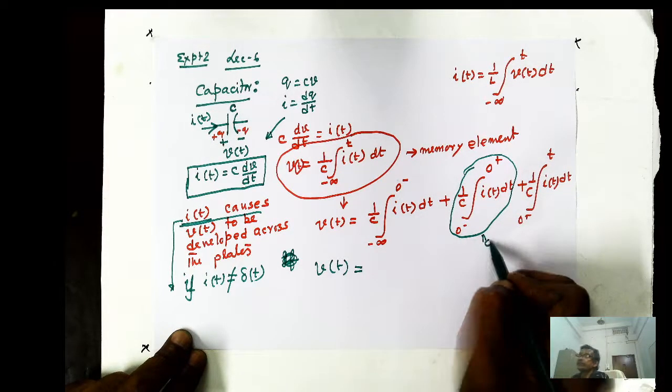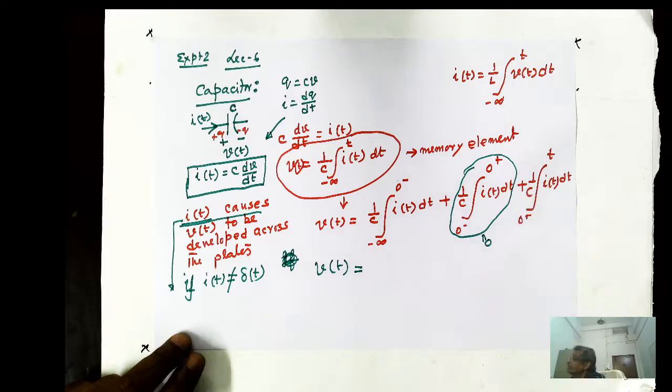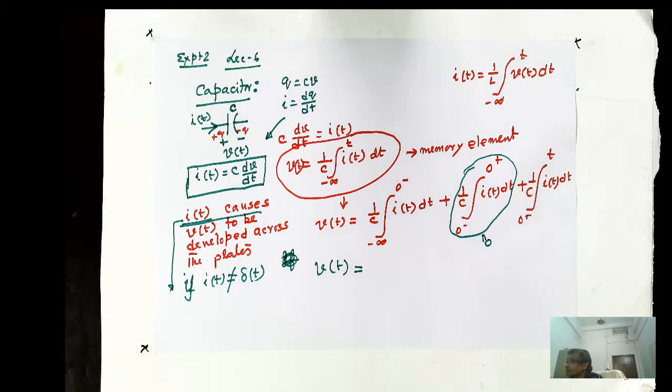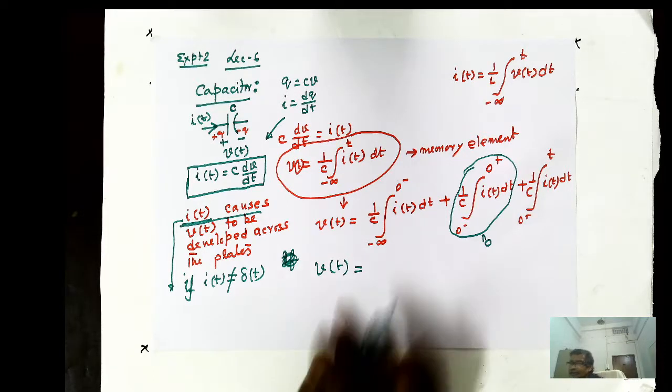Because i(t) is not an impulse, no sudden change will take place from 0 minus to 0 plus. Incidentally, what is 0? At time t equal to 0, you are doing some switching. Before that, it was accumulating charge, or voltage across the plates of the capacitor, depending upon the previous currents, etc.